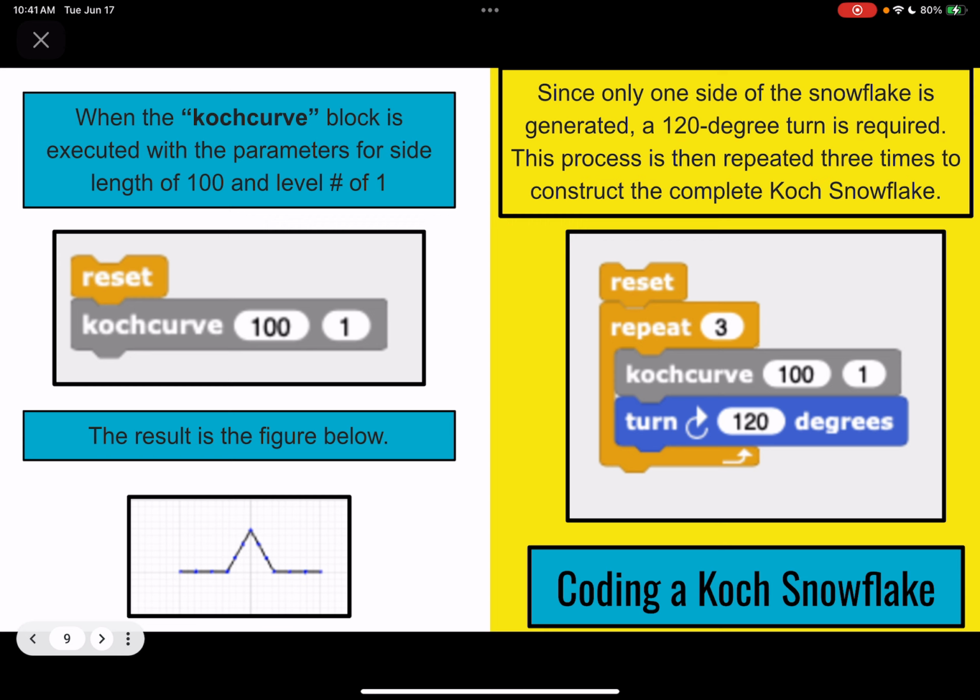This 4-segment shape is the basic unit of self-similarity that repeats itself throughout the Koch design. To make a complete Koch snowflake, a 120-degree turn is required. This process is then repeated 3 times as shown in the code on the right.